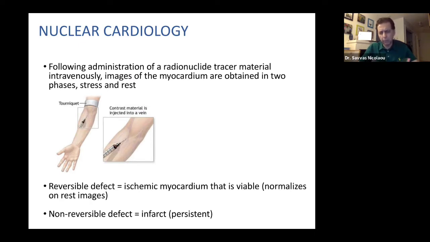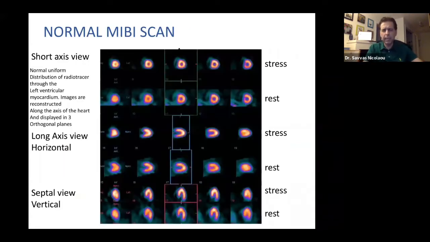That is pathognomonic of reversible ischemia, which is viable myocardium. If it is a non-reversible defect, meaning that the lack of uptake of the radionucleotide tracer material in the myocardium is fixed on both rest and stress, that implies an infarct, that implies scar, that is not viable myocardium. So let's look at a normal MIBI scan.